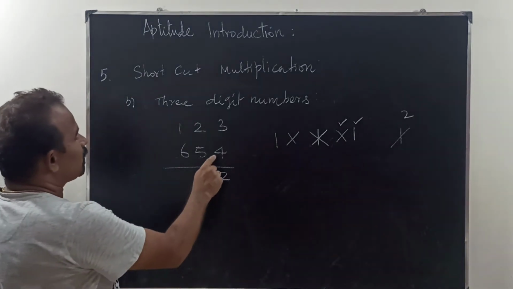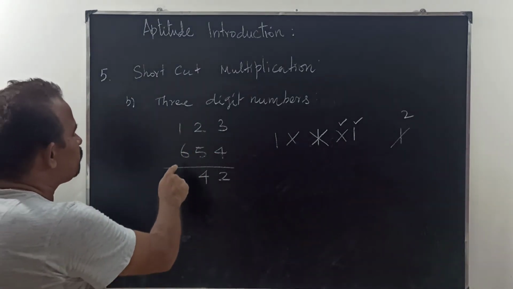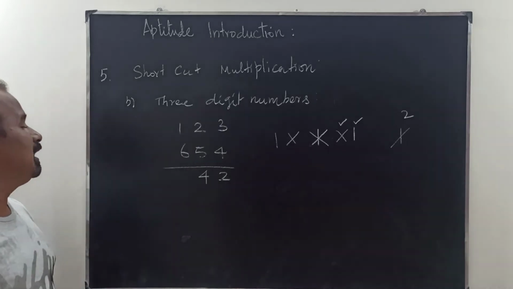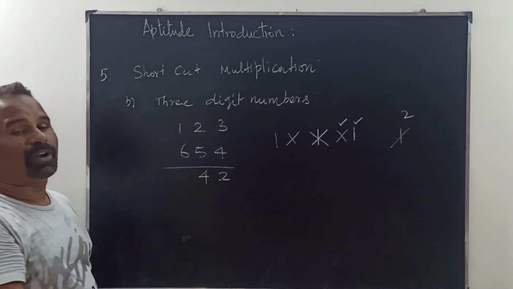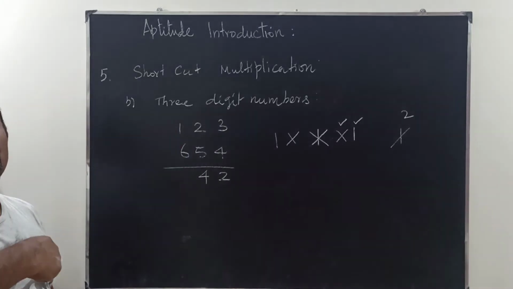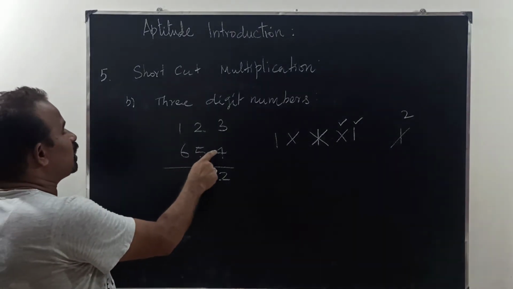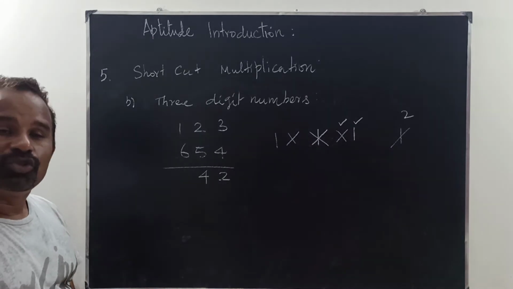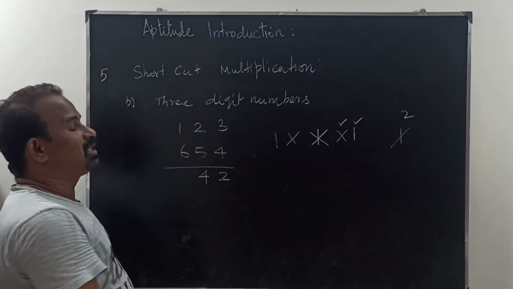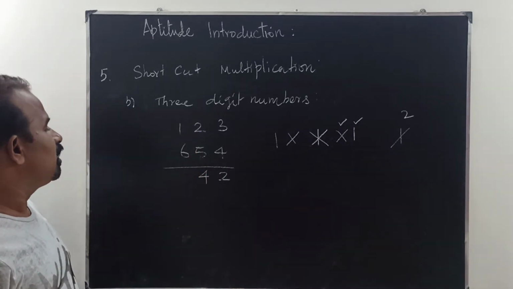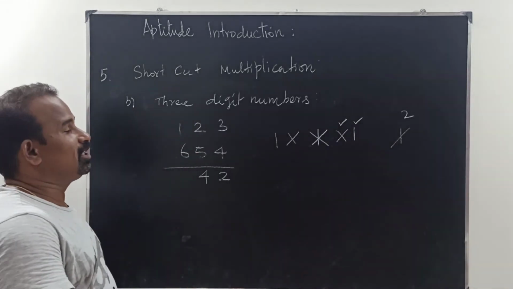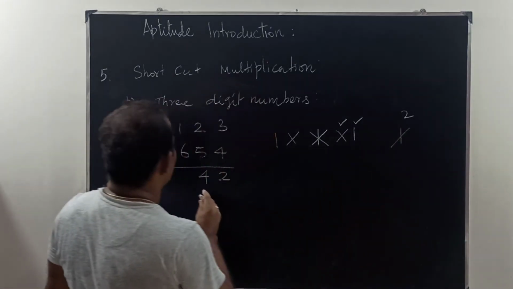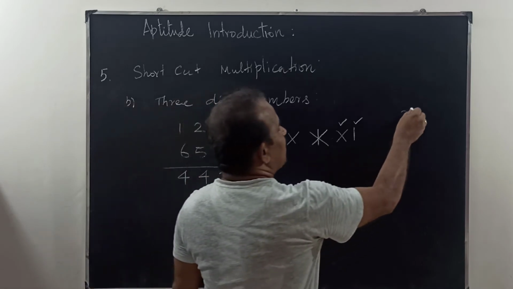So 4 into 1 is 4, 6 into 3 is 18, 18 plus 4 is 22. You have to keep all those things in your mind. 22 plus 10, 5 into 2 is 10, 22 plus 10 is 32, 32 plus 2, 34, remaining 3.